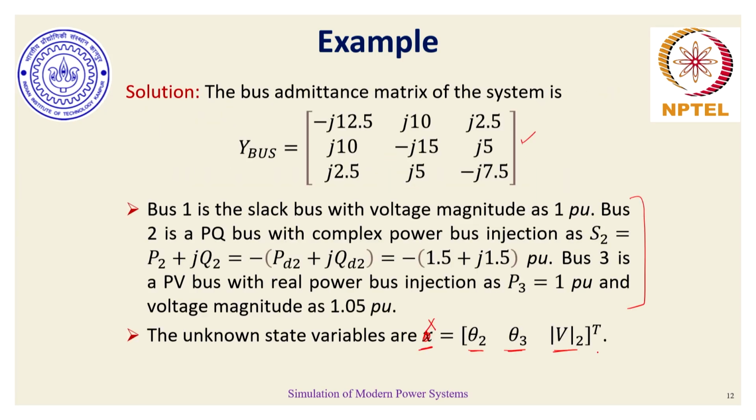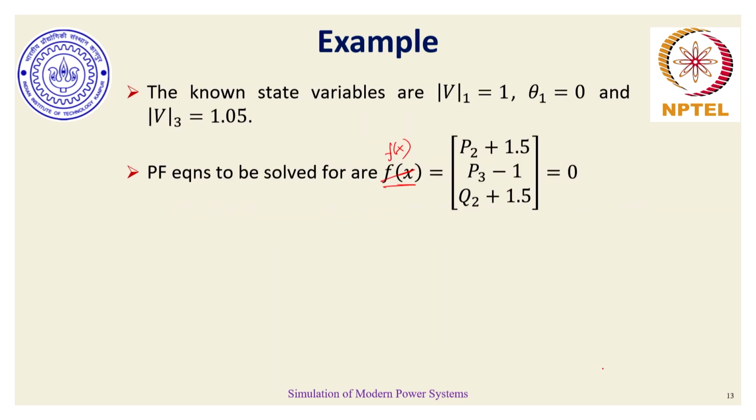If x is a 3 cross 1 vector, f of x is also a 3 cross 1 vector, where the first two equations correspond to real power equations of the PQ and PV buses, and the last equation is the Q equation of the only PQ bus. The demands or injections are specified, and that's how the corresponding equations are written over here.